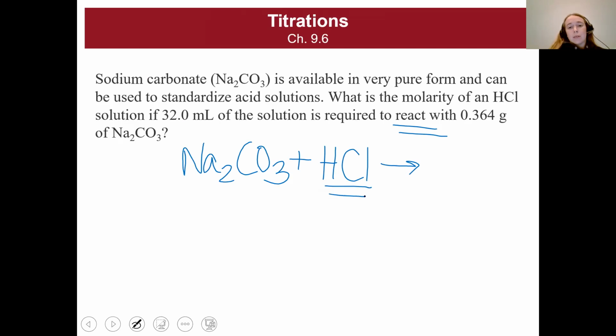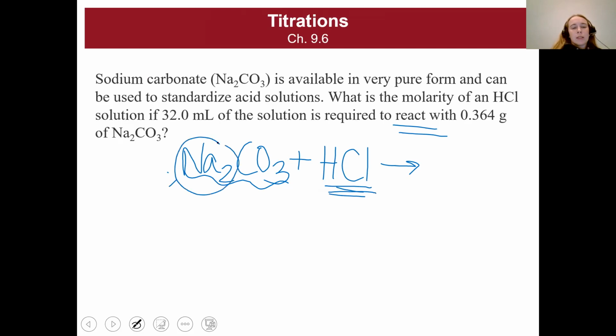Most acid-base reactions are those double displacement reactions. I'm just saying if there's an acid and you can't really identify if this one's a base, but you know this one's an acid, then it's probably still going to be a double displacement reaction.